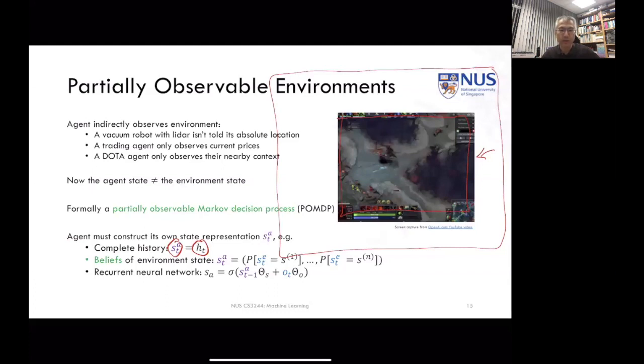In this case, we might have some stochasticity, which means that depending on the action the agent takes, we might end up in a different state. It's not completely deterministic what happens, right? So although the agent, like the vacuum robot with LiDAR, says, oh, I want to turn around the corner, the reality is that even though it tries to move around the corner, the motor might break or the LiDAR might not be working exactly properly, and I end up in a slightly different state than I wanted.